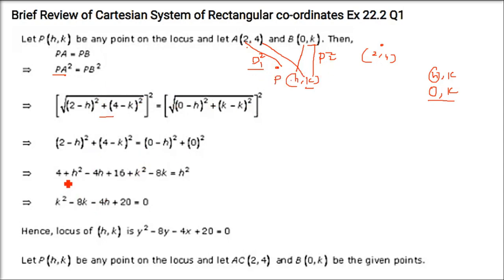Take off the root and just rearrange it. Finally you will have k square minus 8k minus 4h plus 20. So you have to replace h as x and k as y. So this is your locus, a point which is equidistant from these two, (2, 4) and (0, k).